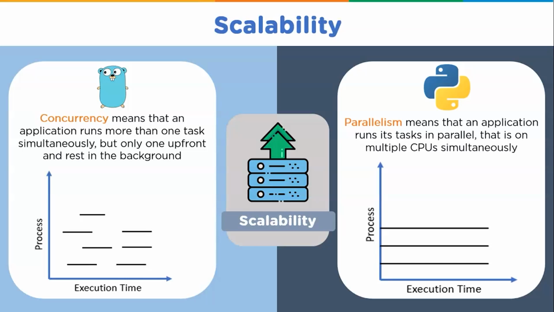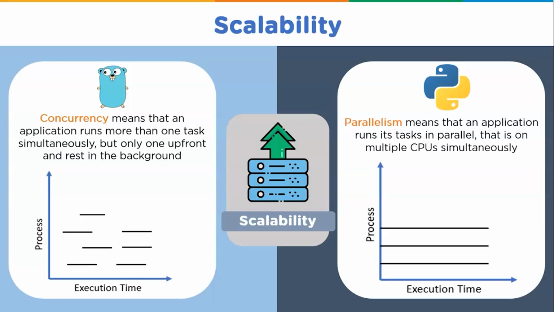Only one technician can assemble at the workbench at a time, and other technicians operate on their parts in the background. With parallelism, you can have multiple workbenches where technicians can be building parts simultaneously. So, it's obvious that if a language has support for concurrency, it is perfect for big and scalable programs.